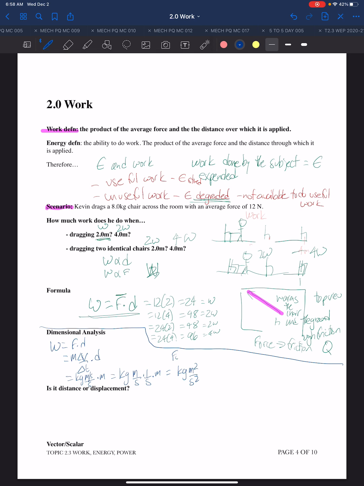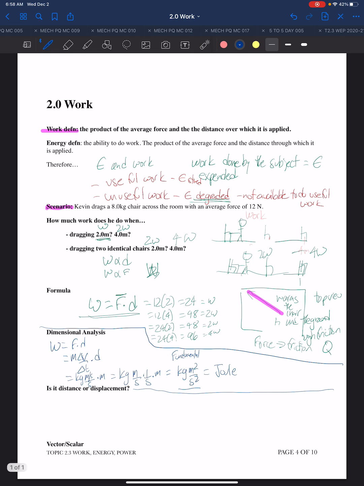So those are the fundamental units. And when we get very wordy with these, sometimes we create a new unit, and that unit of energy, that unit of work, is a joule. So 1 joule is 1 kilogram meters squared per second squared.